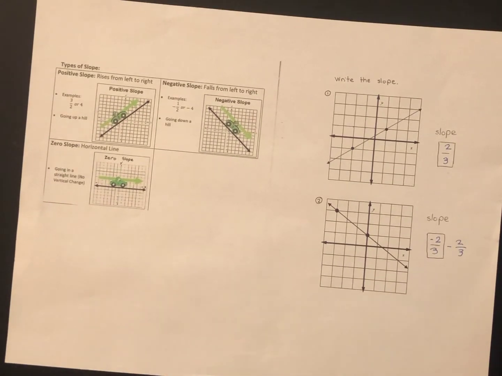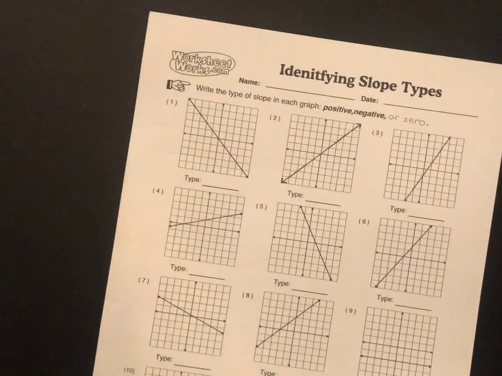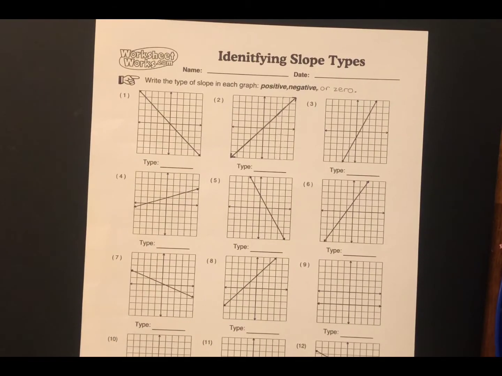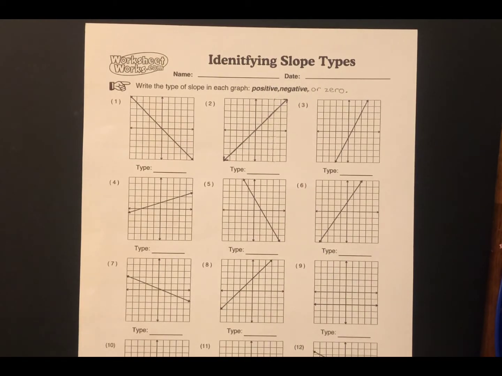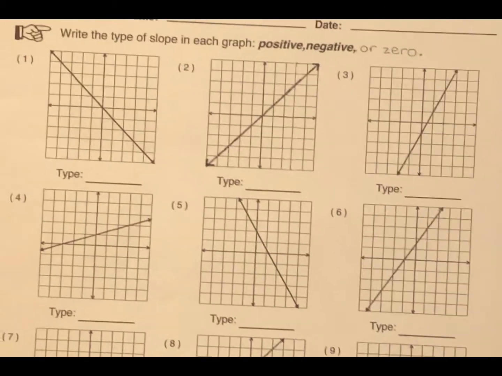The last thing that you'll do is this page over here. And I'm going to get you started. We'll do 3 together. You can do the other 9. So let's just take a look at the first 3.